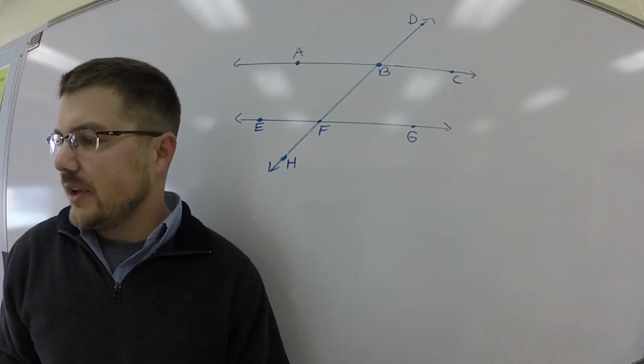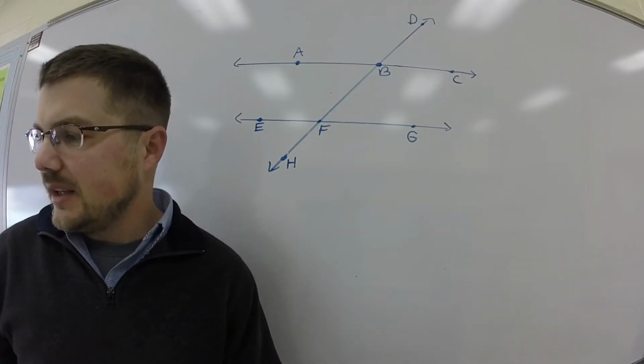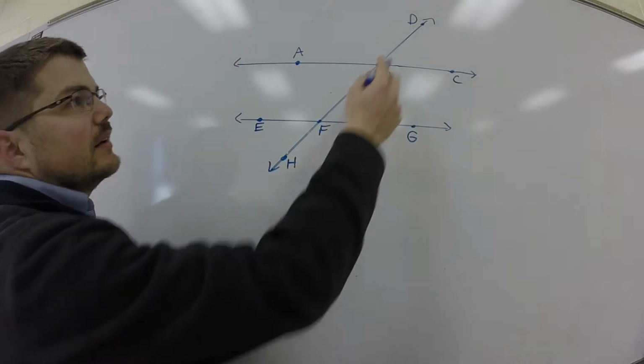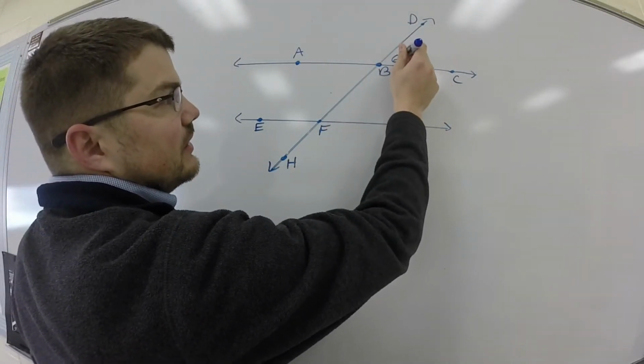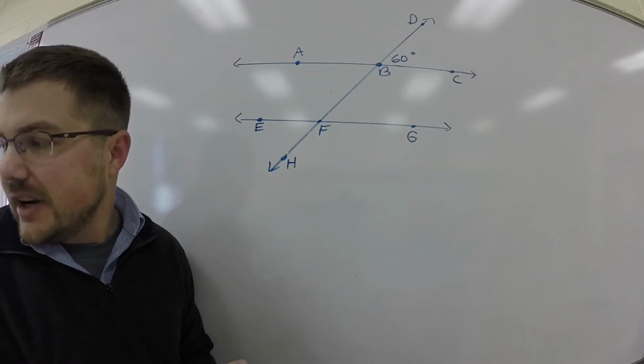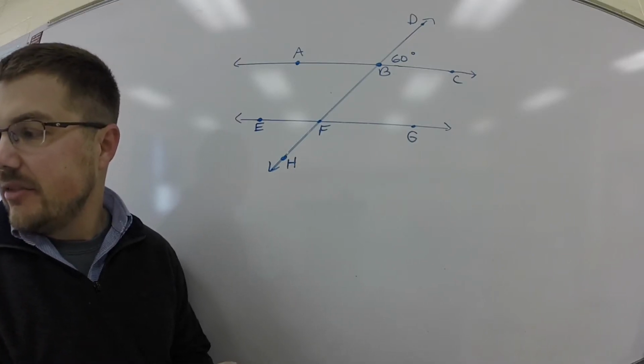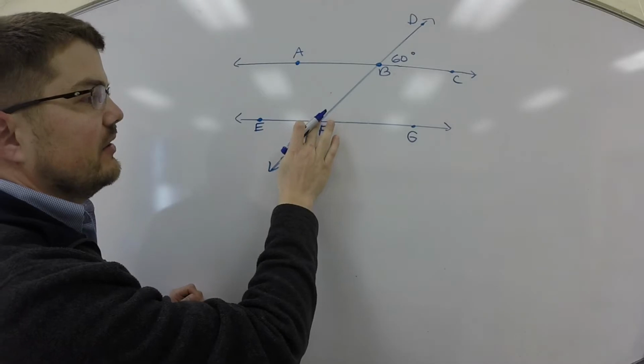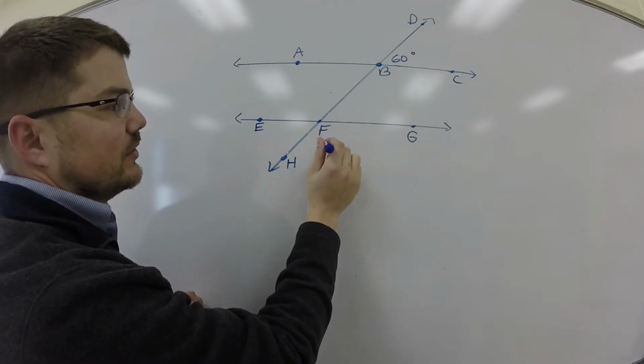Okay, number two tells us the measure of angle DBC is 60 degrees. Angle DBC is 60. It wants us to find the measure of angle HFG. This one.